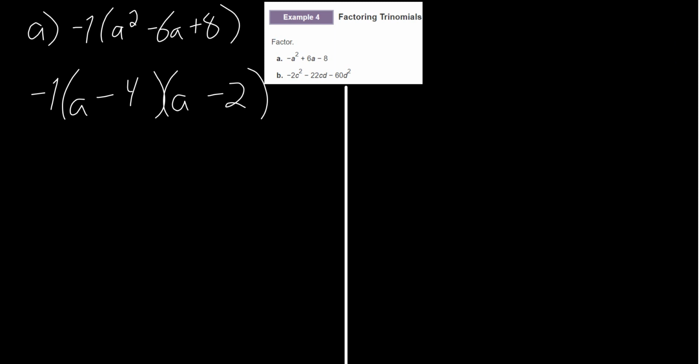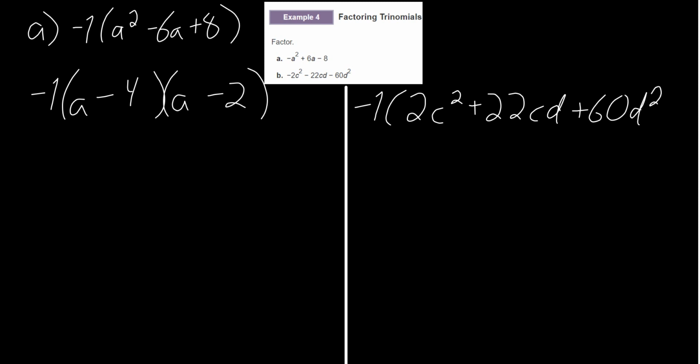So factoring out the negative 1, we get 2c squared plus 22cd plus 60d squared. All right, now honestly, I probably should have factored out a negative 2.